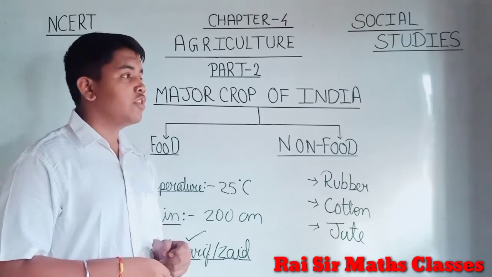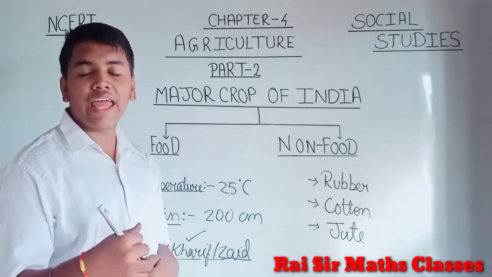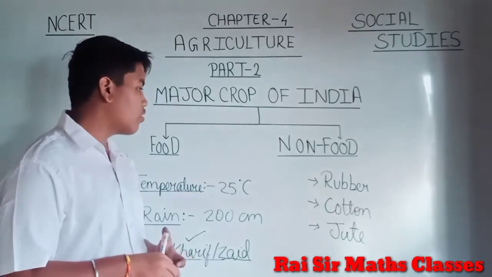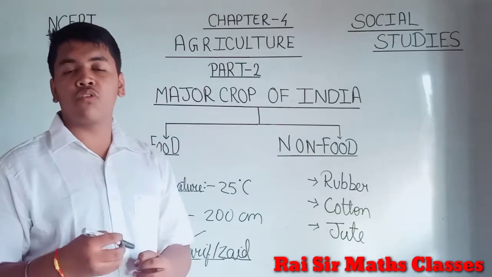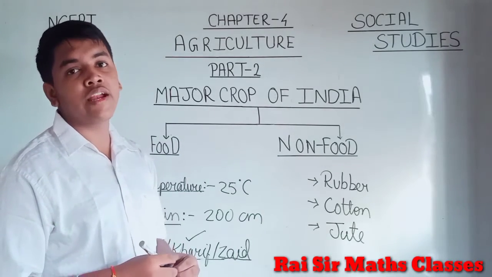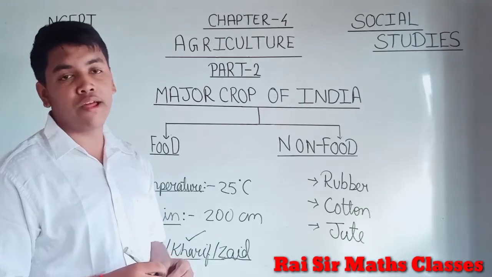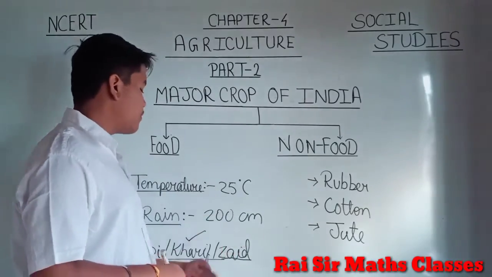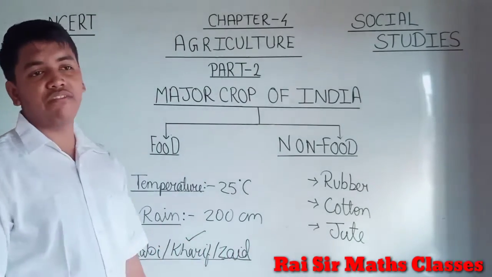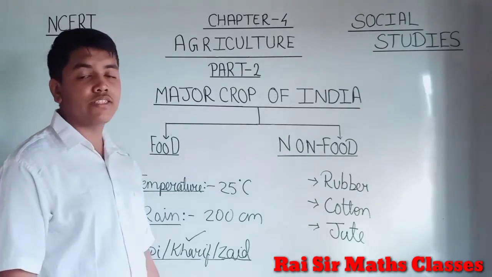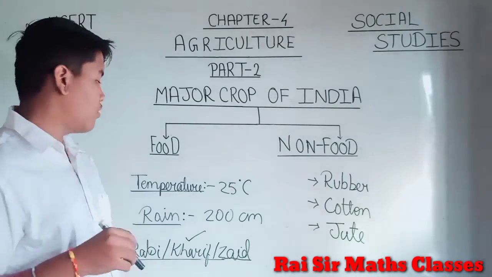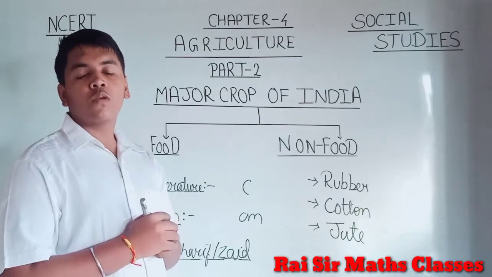These are the examples of why electricity work requires rubber material or rubber gloves. So these are the examples of rubber. Rubber requires 25 degrees Celsius, meaning less temperature, high rainfall, and it is a Kharif crop.